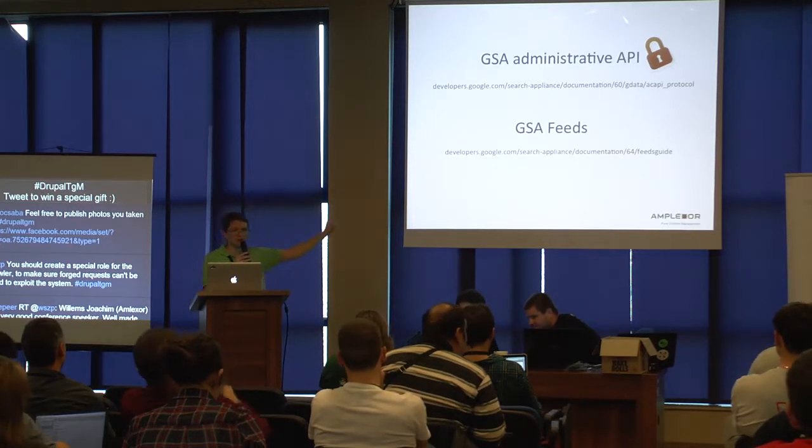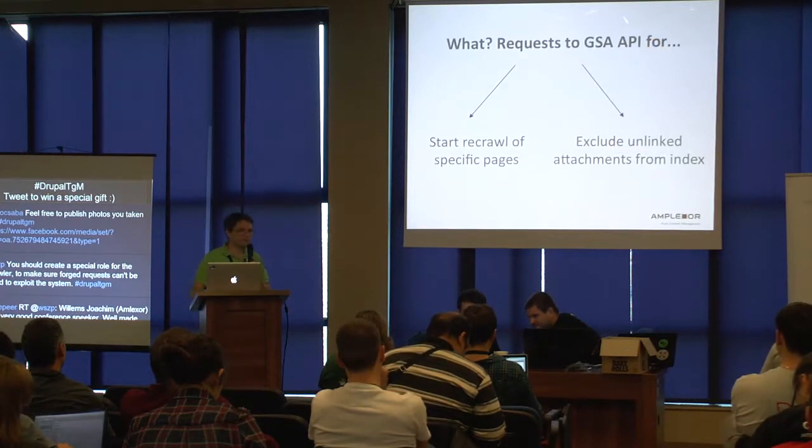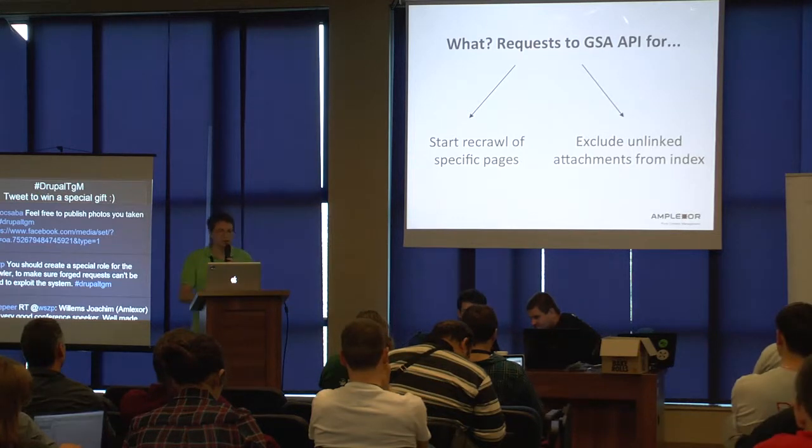Another way to instruct the appliance to do certain things is to use feeds. Now, we use the API for several things. We can instruct the API to start the recrawl of specific pages after certain events, and we can instruct the API to exclude unlinked attachments from the index.